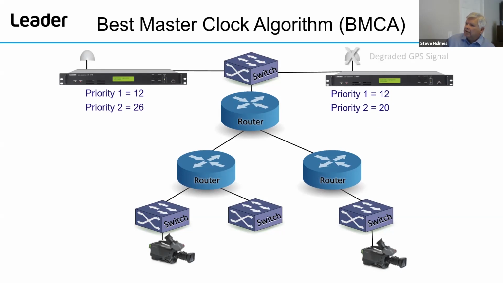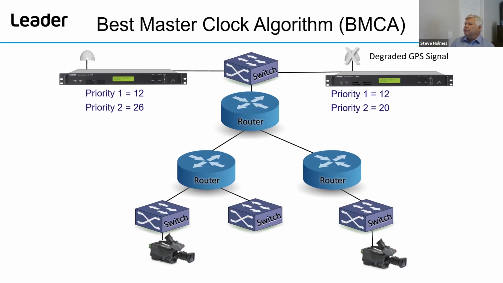But if all of a sudden I get a degraded GPS signal, remember that the clock class sits between priority 1 and priority 2.